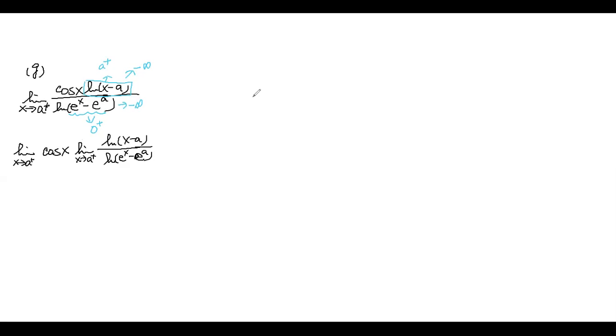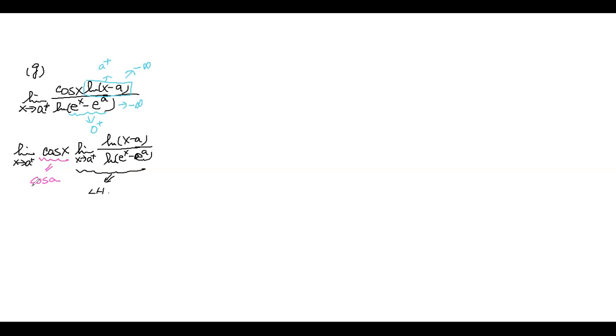The reason I want to move this out is because I don't want to use the product rule, which would make the problem complicated. Cosine a is a constant, so now I can apply L'Hopital's rule to this part.